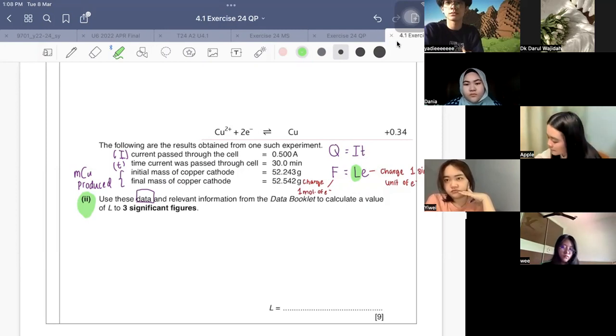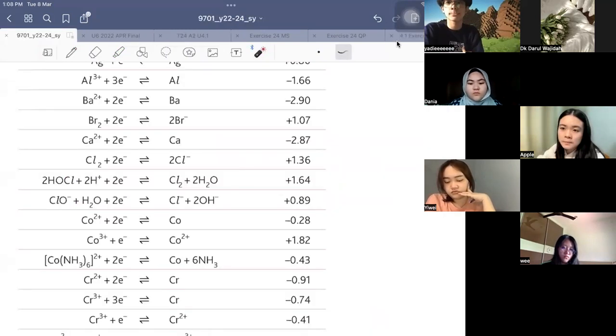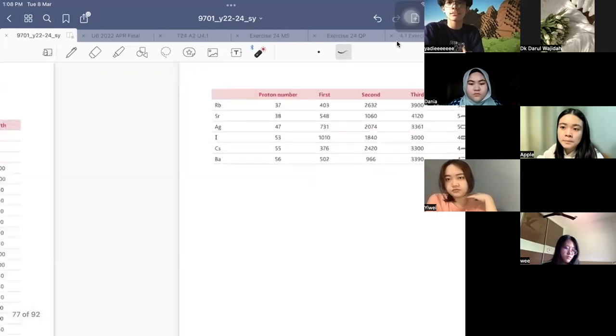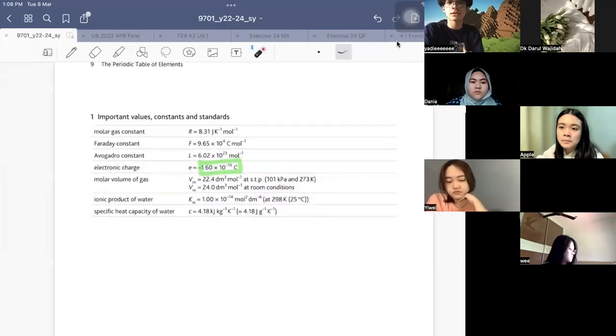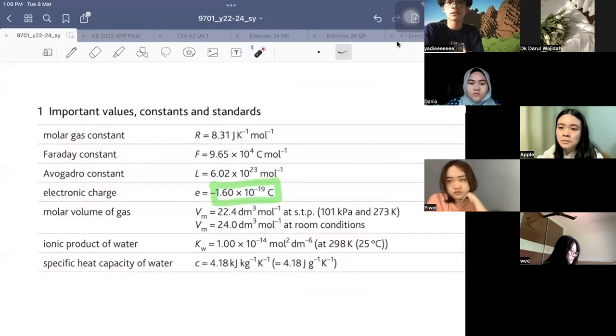So E, the charge of electron, is something that we cannot measure experimentally, but it is given already in your data booklet. It's the first page of your data booklet where it says electronic charge.